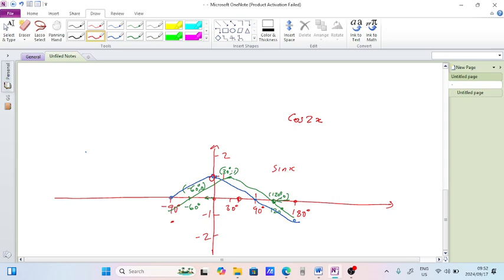Then from there, we have 180, and now I say 90, because half of 180 is 90. Then at 90 here, it will be a turning point. And then my graph will continue at 45 here. Remember the graph is just making waves. If you add 45 to 90, what do you get?